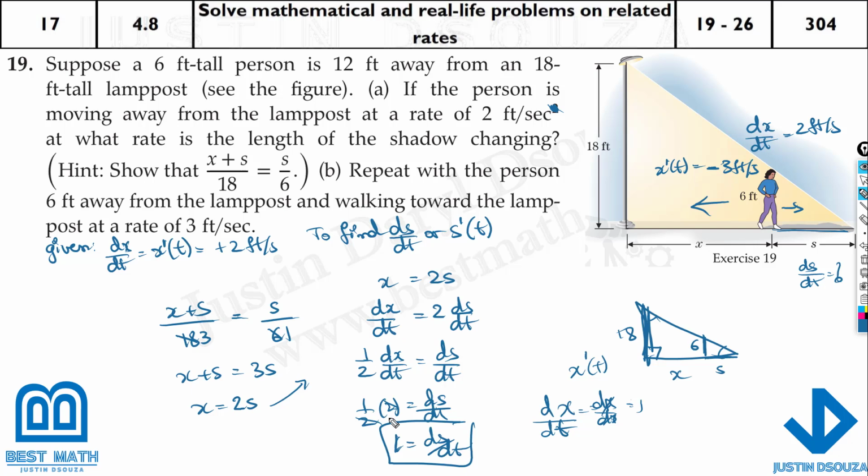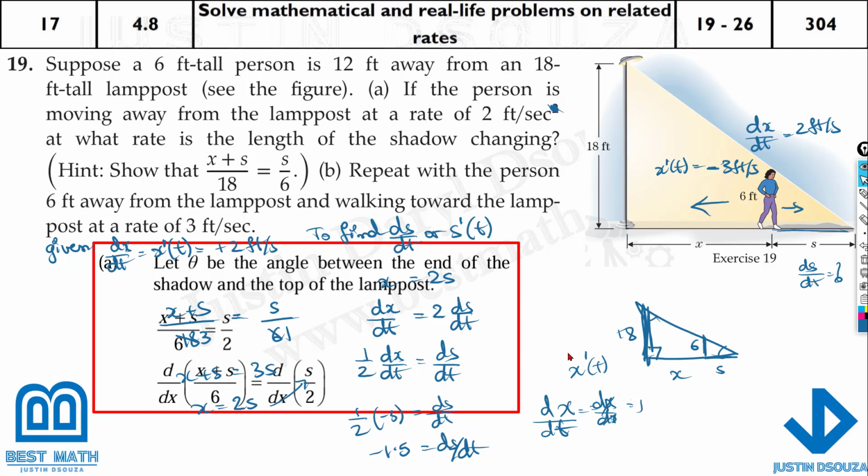Here it's the same situation. All we need to do is change this part. The new value is half times minus 3 equals ds by dt. So here it will be negative 1.5 feet per second. That is the rate of change of the shadow for the second case, because they have told us he is coming towards the lamp post. So that must be the answer.